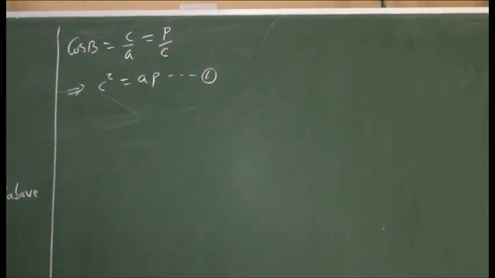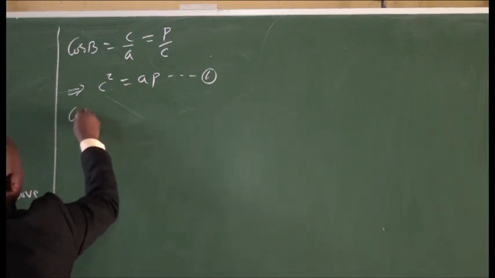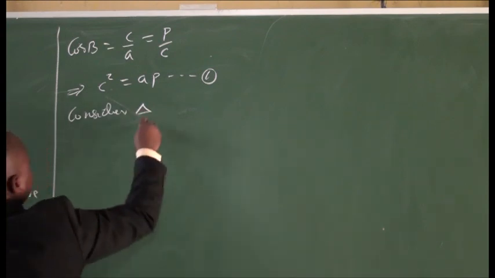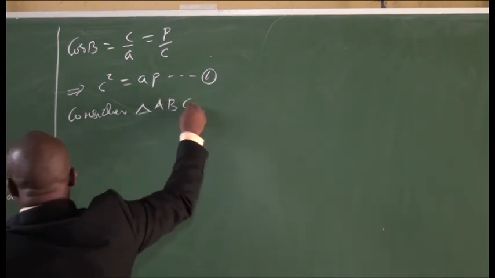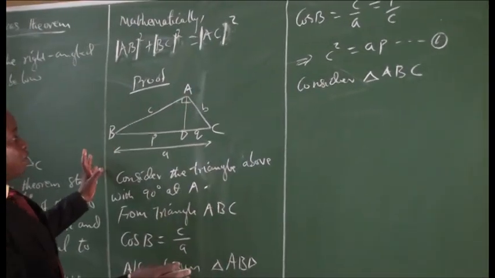We can also consider triangle ABC. That is the whole triangle now.